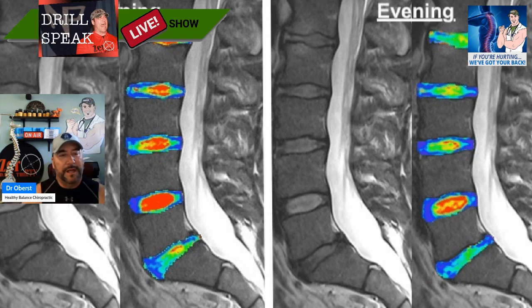But with however many cellular reproductions, everything will start to get in a state of decline. It's called getting old. You'll get a little bit shorter. Part of that is that these discs will start to desiccate or dry out. And there's also a reduction in bone mass. That's a condition called osteoporosis, or if you just have a slight reduction, it's called osteopenia.